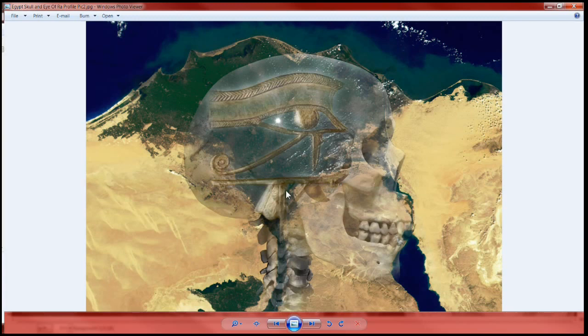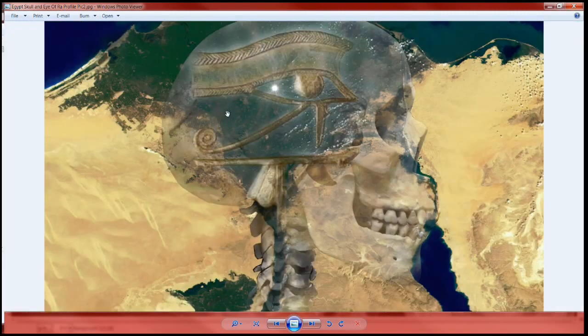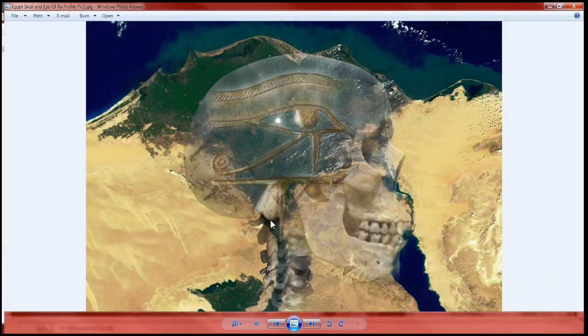When I knew this was a skull, a head pointed to the right, what I found really interesting is that right here around the eye area, you can see the way the land comes in and almost takes off the front of his face. I was always wondering what that was all about.